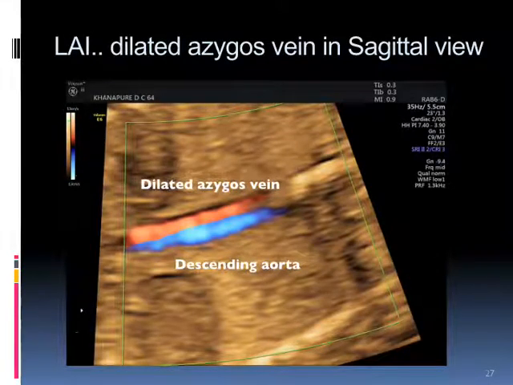This slide shows the coronal plane of the chest in left atrial isomerism and interrupted inferior vena cava, showing the azygous vein and descending aorta running parallel to each other. Color Doppler shows reverse direction of blood flow in the azygous vein, that is towards the heart, and in the aorta, that is away from the heart.